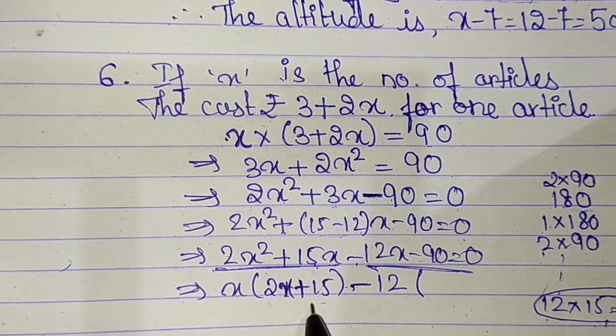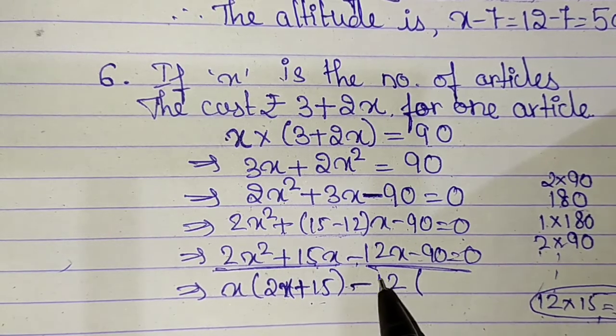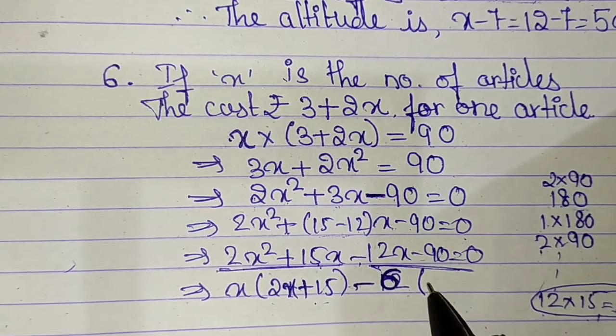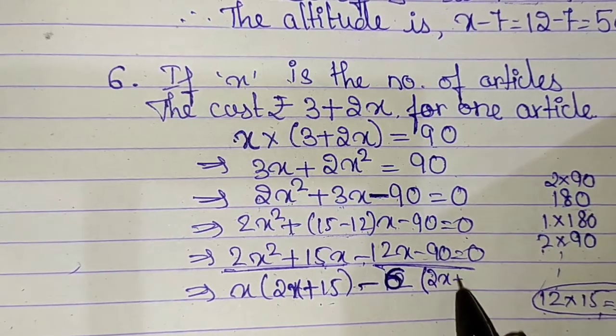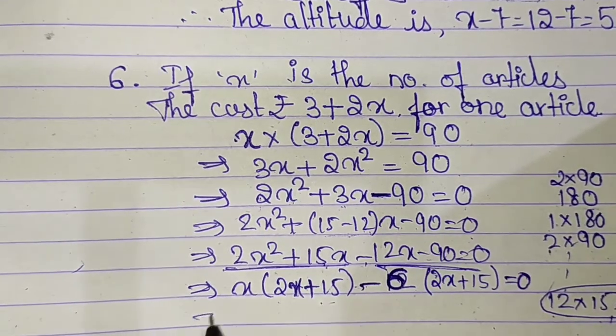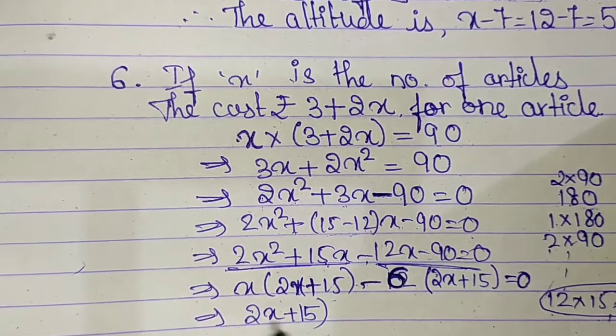So on grouping them and taking common, here x is common, so what remains inside the brackets is 2x plus 15, and here in this case 6 is common. What remains inside the bracket will be 2x plus 15. So 2x plus 15 is common.